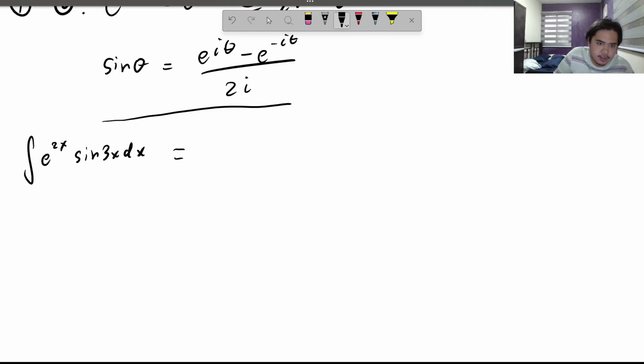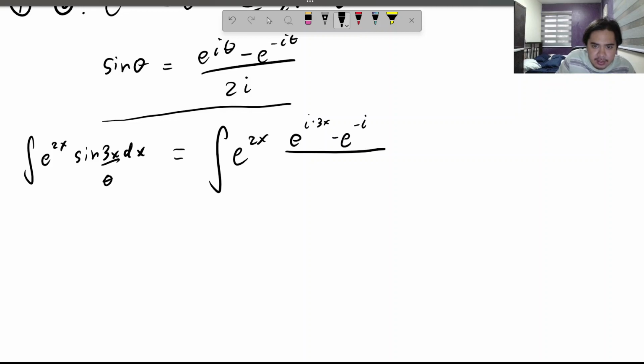Let us then replace the sine part with this part. So this becomes e to the I times 3x, since theta is 3x, minus e to the negative I times 3x, over 2I, dx.